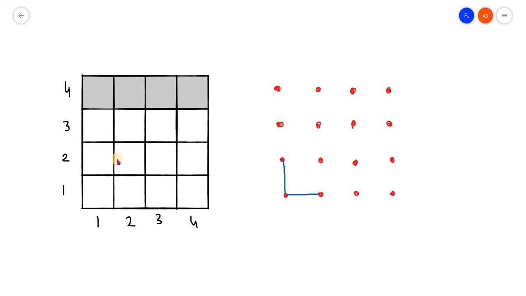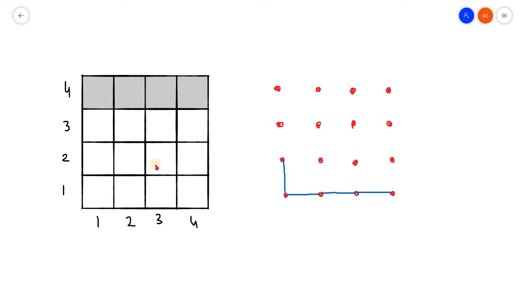Here we said we have obstacles in these two nodes. So node number 2 is connected with node number 3, but there is no connection between node number 2 and node number 6. And similarly, node number 3 is connected with node number 4, but since we have an obstacle here, there is no connectivity to node number 7.